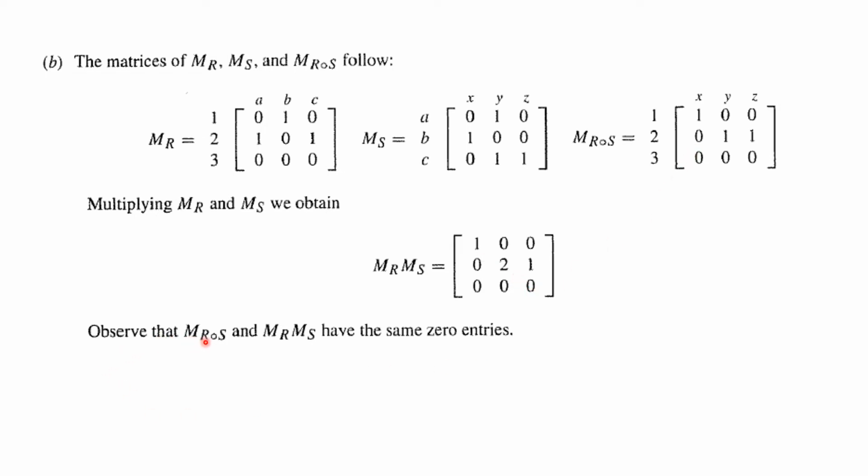So observe that these have the same 0 entries, and so the places where they're not 0 follow, and you can in fact understand that that is a way to get at the matrix for the composition. We'll have a theorem later on that.